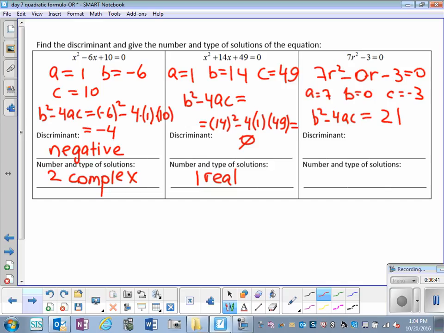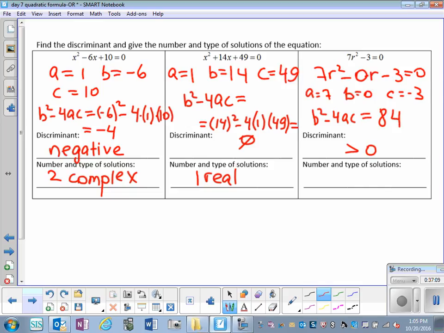Because it's minus negative 7 times 20. Oh no, it's not 21, it's 4 times 21. It's 84, right? Positive, because it's minus a negative number. Positive 84. So the discriminant is positive, greater than 0.